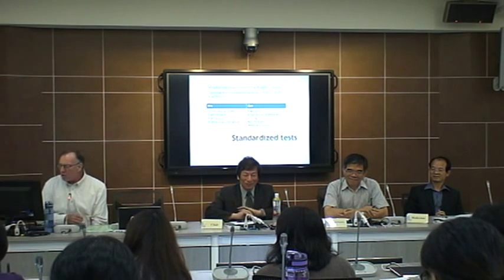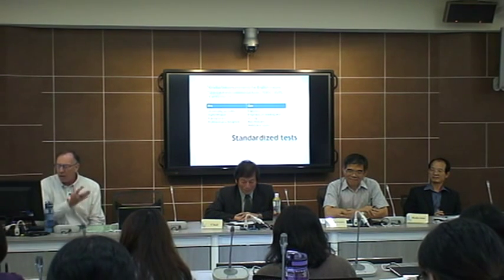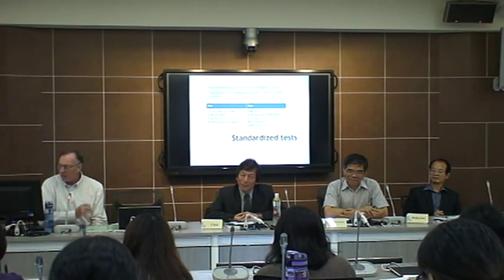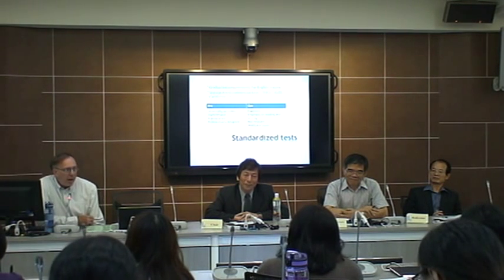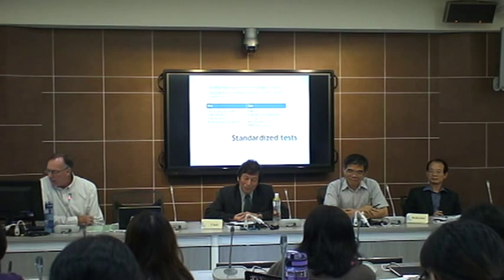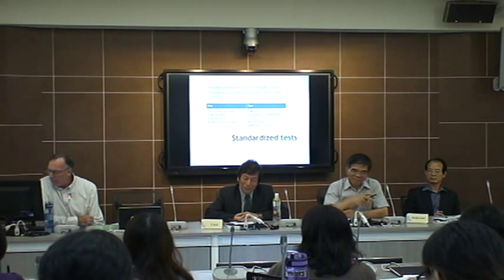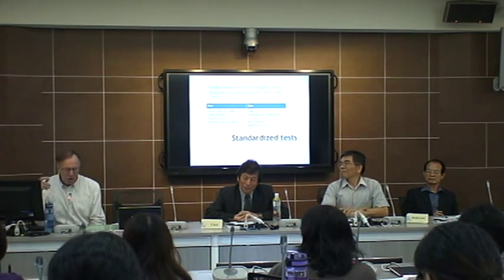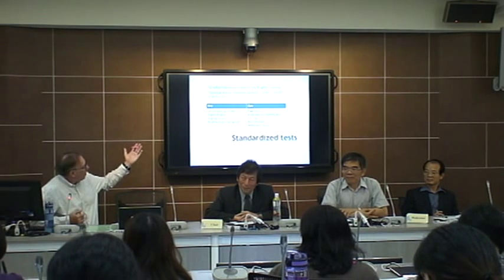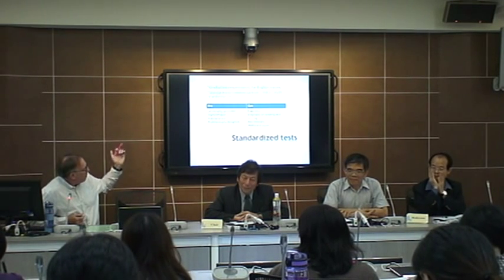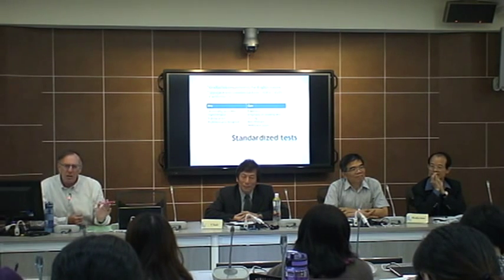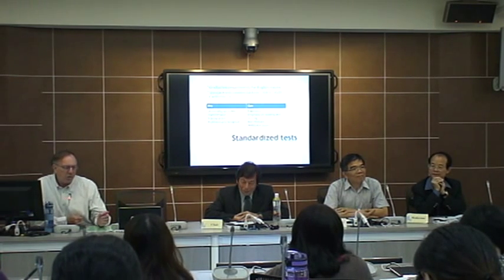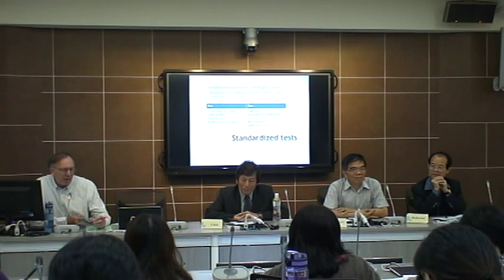So, standardized commercial tests, so that they're universally accepted, transferable, and so on. Okay? But there are problems. They're expensive, and you notice on this chart here, they're expensive, reading and writing, and maybe they're not necessarily very relevant for our students. And there are washback issues.